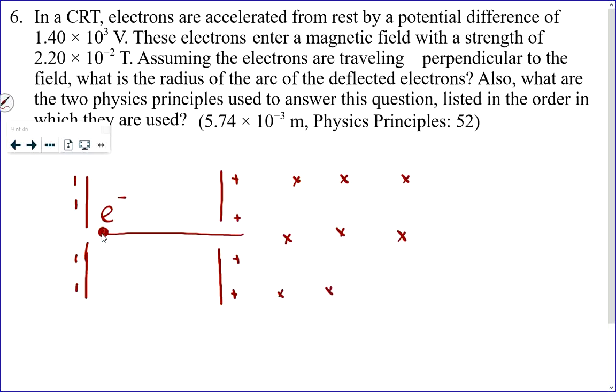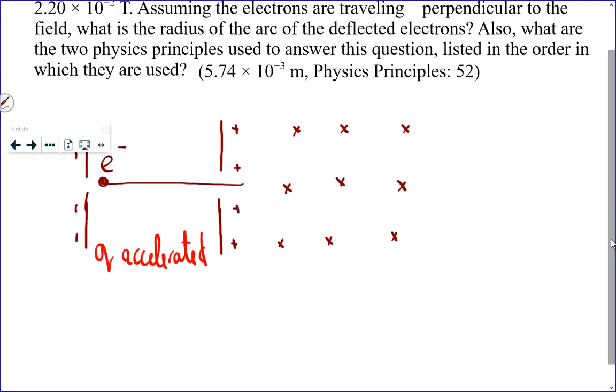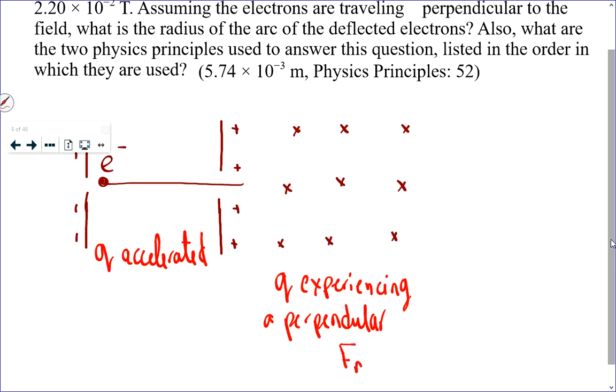So you got a lot going on here. On the one hand, over here you have a charge accelerated by a potential difference. And on the other hand, over here, you have a charge experiencing a perpendicular force. It happens to be a magnetic force, so I can put Fm there.